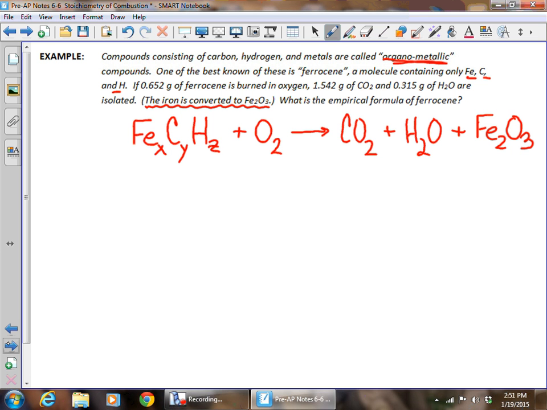And it tells us that we burn 0.652 grams of this substance. And when we do, we get 1.542 grams of CO2 and 0.315 grams of H2O out of this. And it wants to know what the empirical formula is going to be.